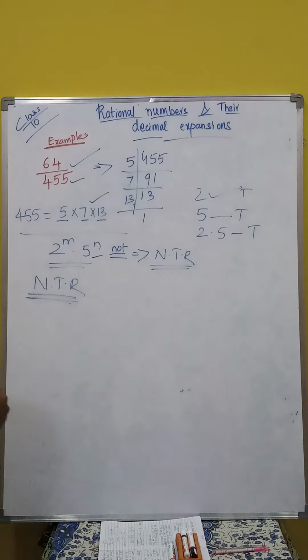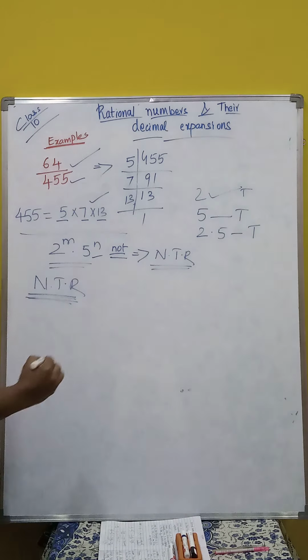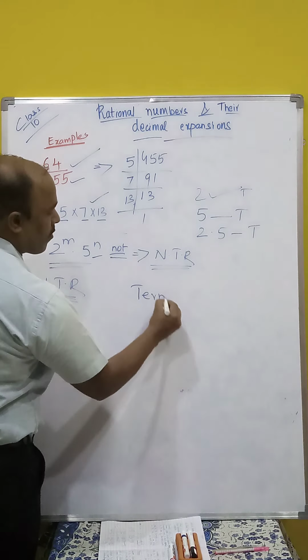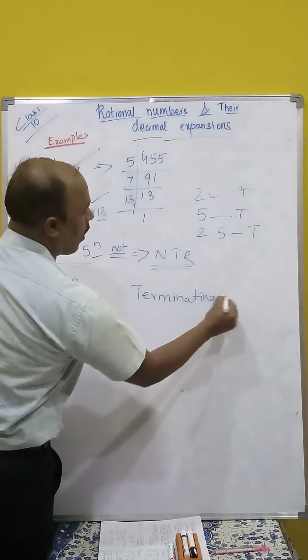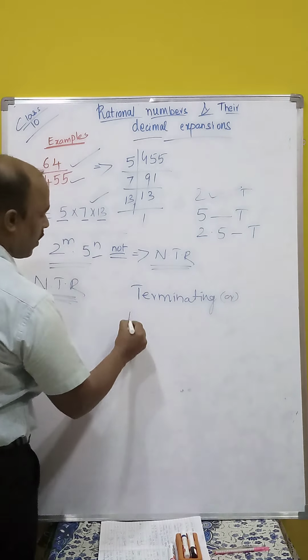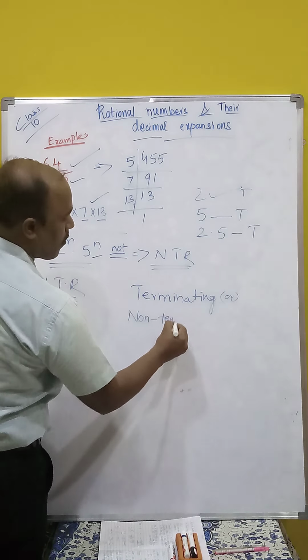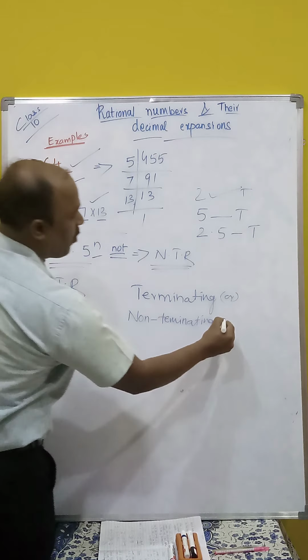Students, what is the conclusion after seeing all the examples? The decimal expansion of every rational number is either terminating or non-terminating repeating.